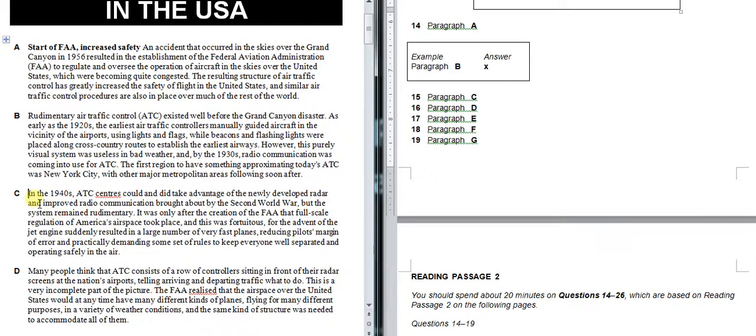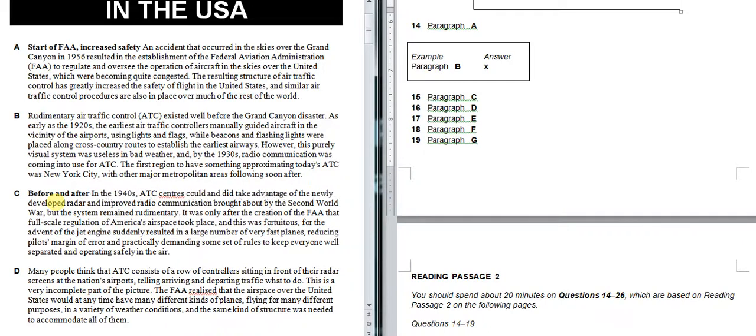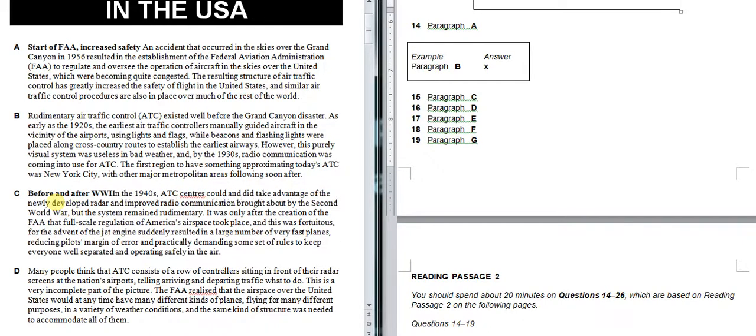Okay, moving on to C. It's 1940s. Scan through. Before and after World War II.